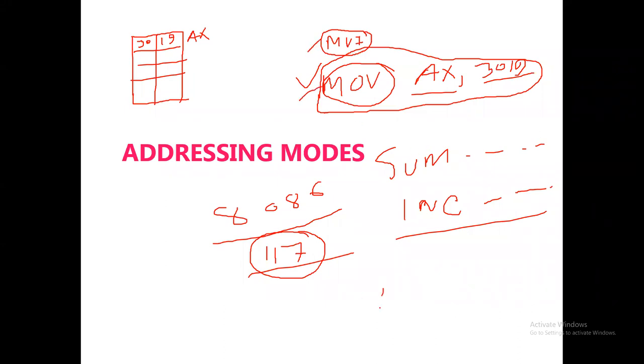And ADD means addition, summation. ADD AX, BX means AX and BX are added, and the final result is transferred to the AX register.